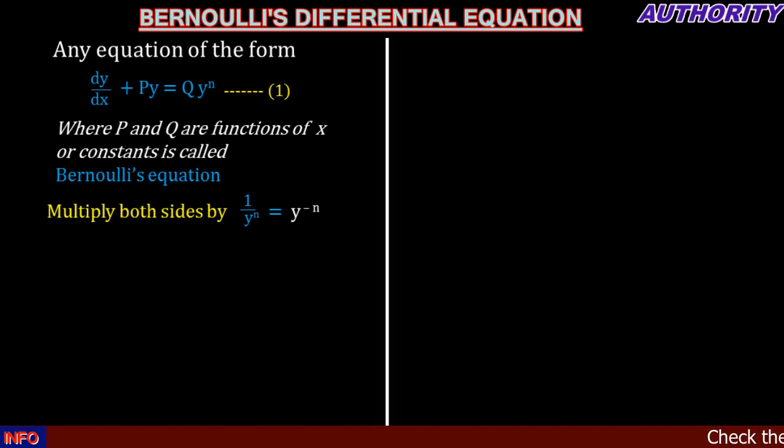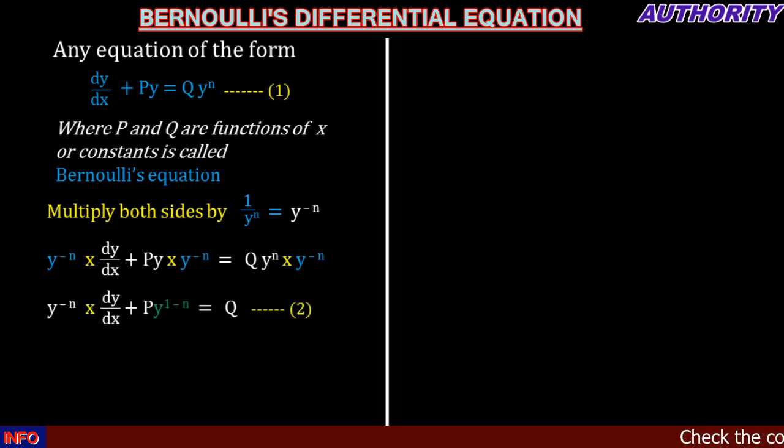Now when we do so, we are going to have y raised to power minus n times dy/dx plus Py times y raised to power minus n equal to Qy raised to power n times y raised to power minus n.